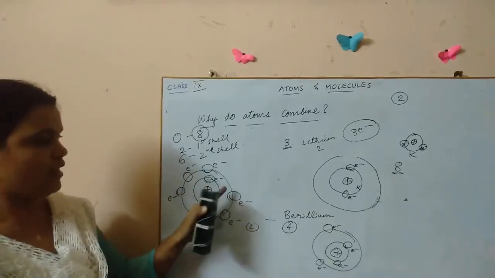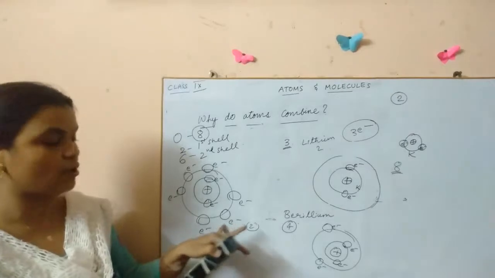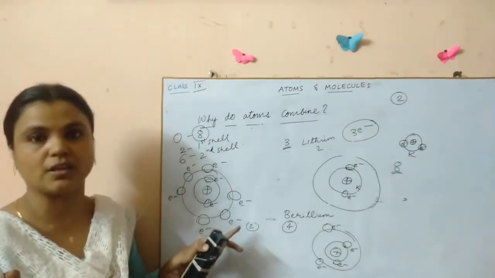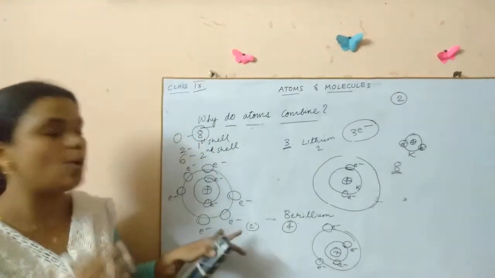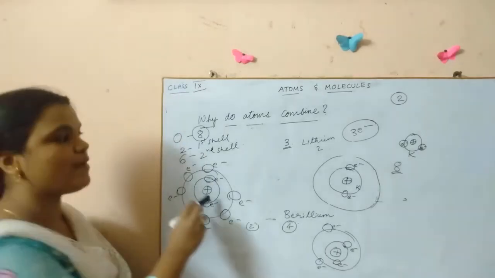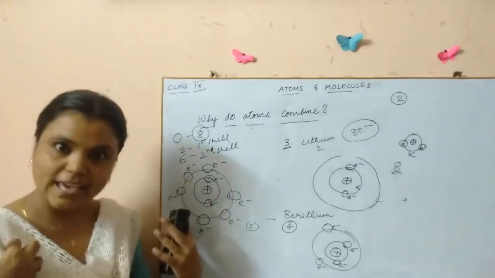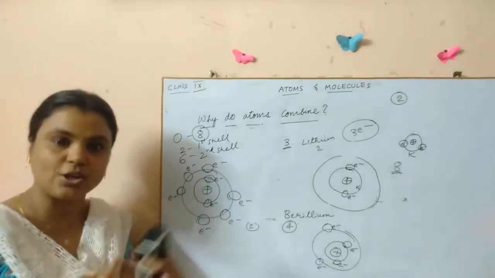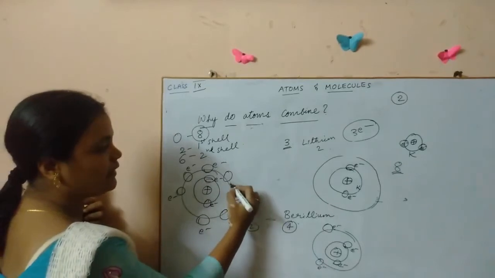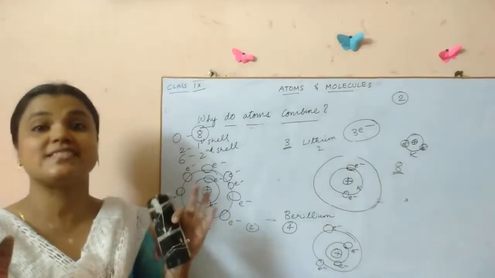Right, children? Outermost shell should be completely filled. Then only it gets stability. How many more electrons does it need? 2 more electrons. So either it gains electrons or shares electrons, and it ultimately gets 2 electrons, because of which it becomes stable.